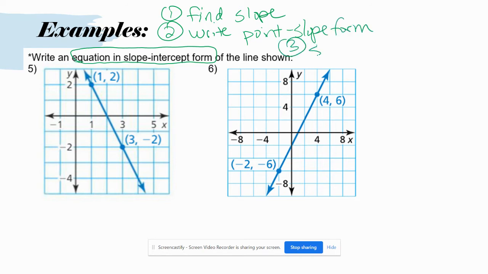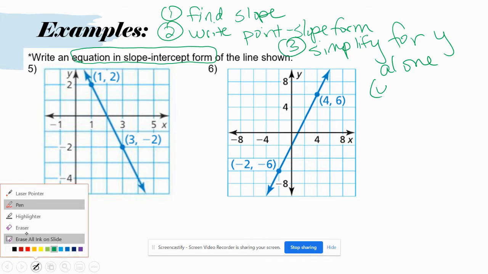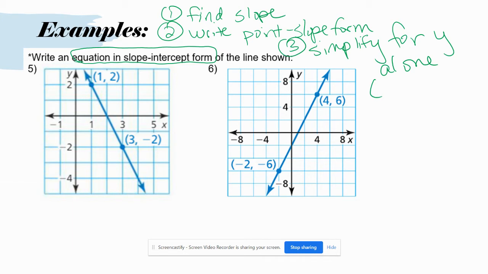And then third, simplify for y alone, which is slope-intercept form. When y is alone, you have slope-intercept form. So those are the steps we're going to take each time for these problems that we'll work on.